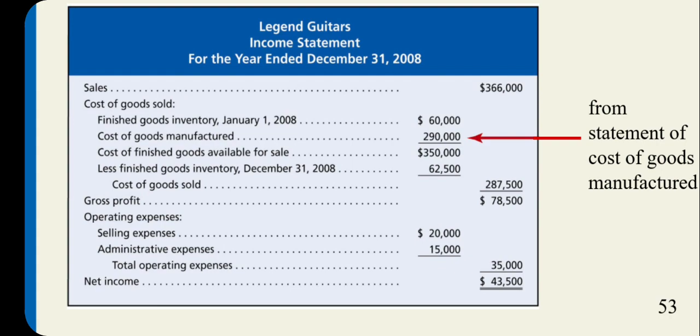So net profit for this business, or net income, is $78,500 minus $35,000 expenses. So the net profit or net income equals $43,500. Okay, this is the income statement for a manufacturing business. You have to know this. You have to know how to prepare this.